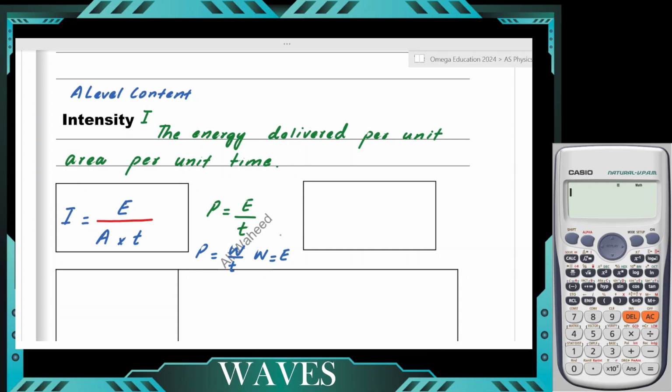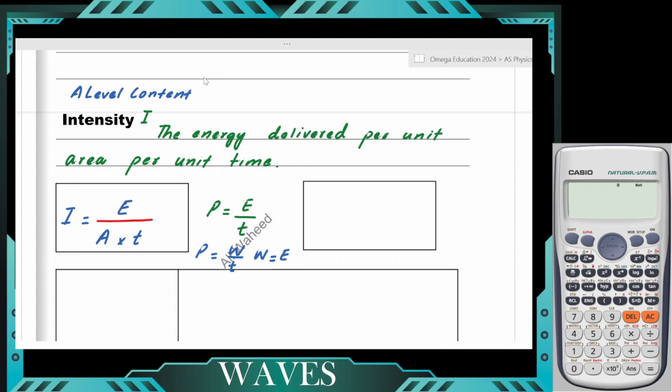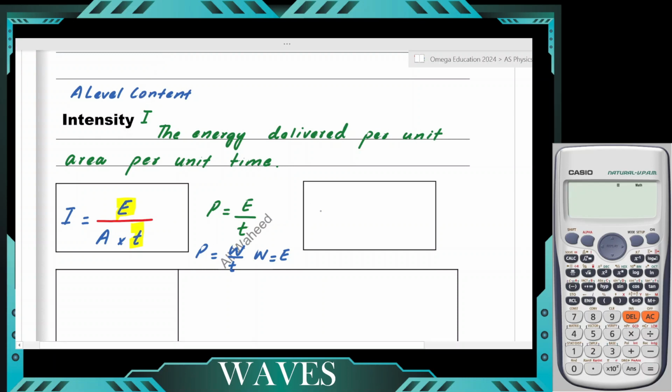So these two are the same things. So instead of E over t, we can also write power. So I equals the power of the wave divided by area. This thing was collectively written as power. So that's the other formula.